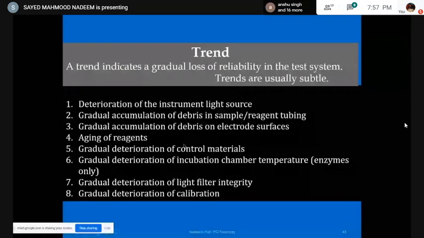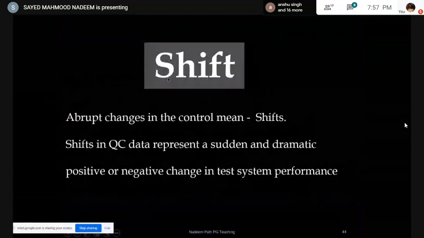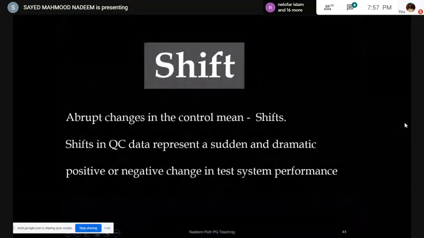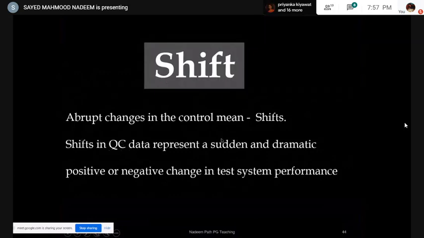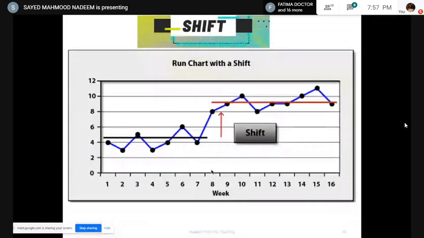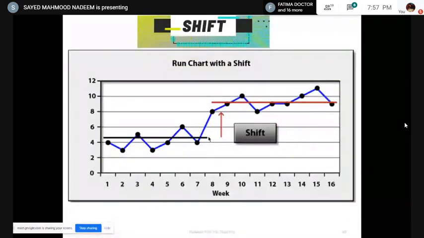Now we come to shift. Shift, as the name clearly defines, is an abrupt change. It's a shift in QC in a sudden and dramatic manner, which can be in the positive direction or in the negative direction. For example, if you see this LJ chart, you will see that there is a nice mean and across an acceptable random error, and suddenly on day 7th, there's a jump and the mean shifts from here to here.